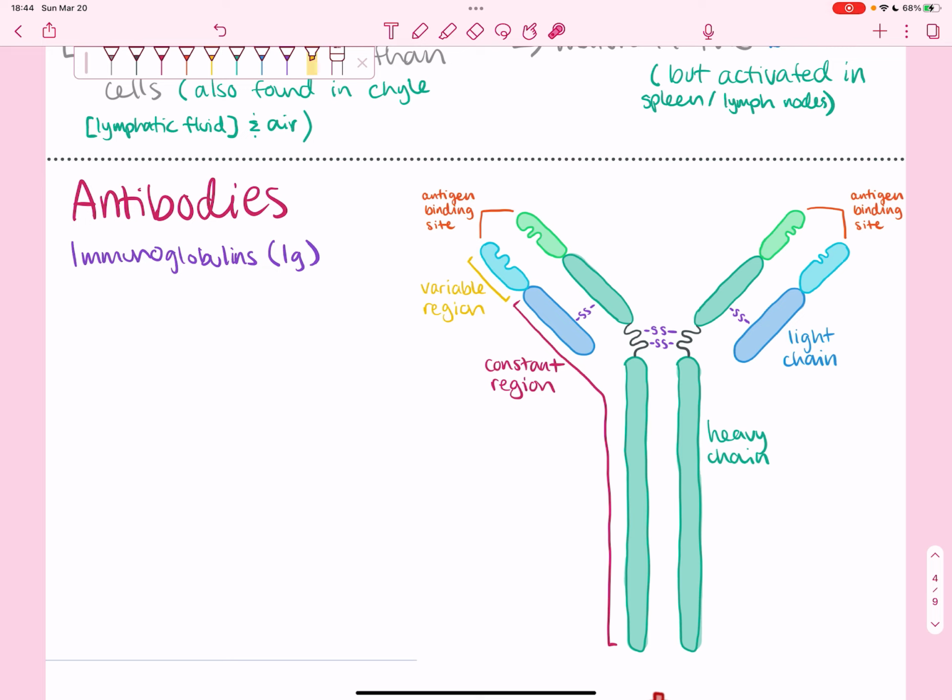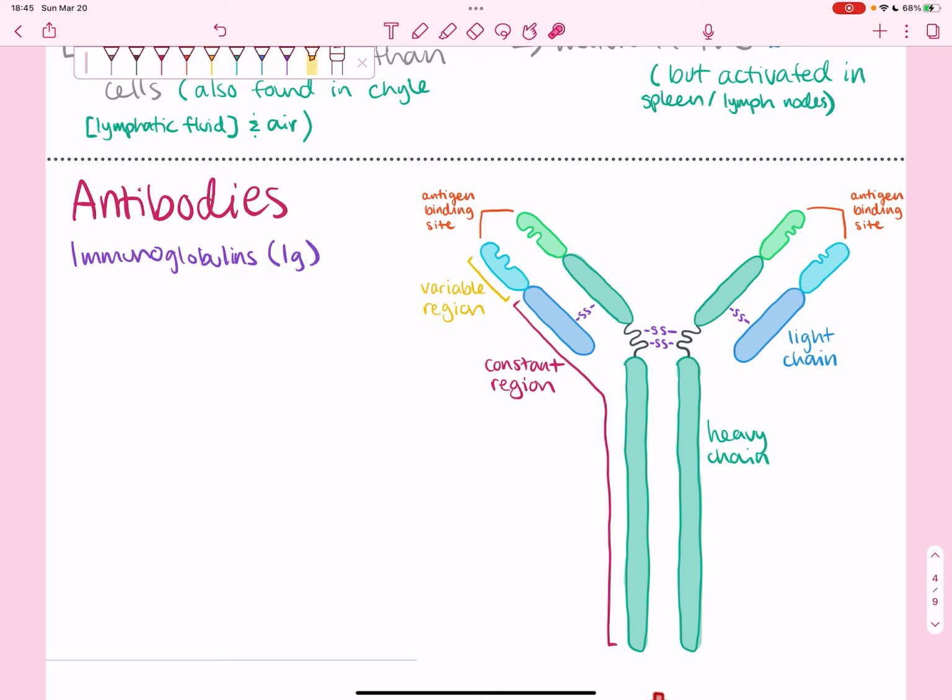All bind to the constant region of an antibody. And then there's the variable region at the very end here, and the tip of the variable region is the antigen binding site, where it'll actually attach to the antigen that it's seeking out.